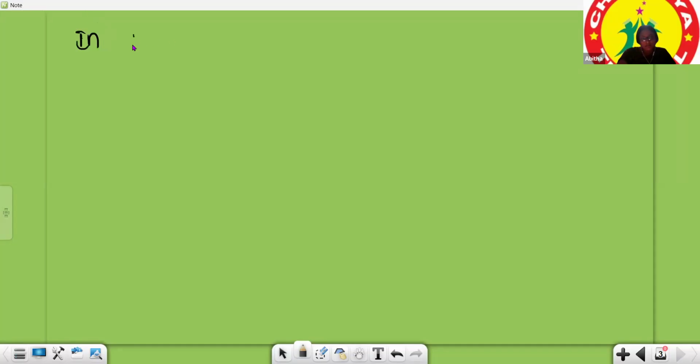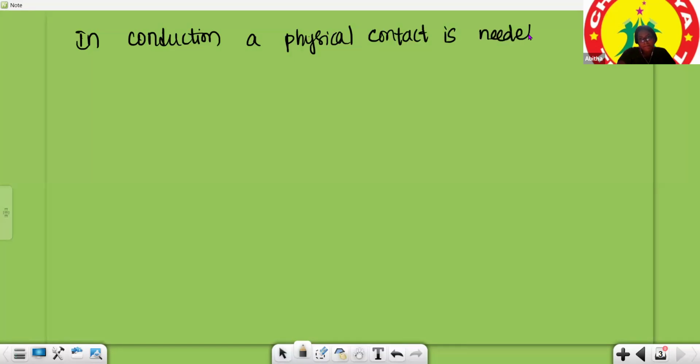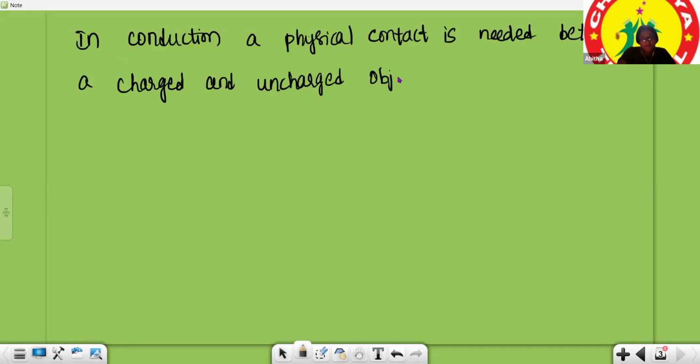So in conduction, a physical contact is needed between a charged and uncharged object, whereas it is not needed in induction.